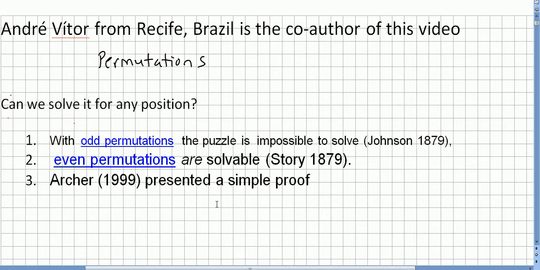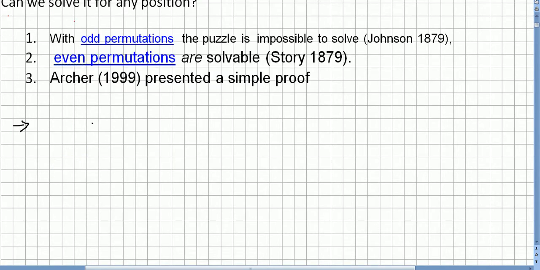Now, if you want a complete proof, although a lot of people did not believe that the proof would be shown, Archer in 1999, using graph theory and other stuff in a very simple paper of 6 or 7 pages, presented a very simple proof.